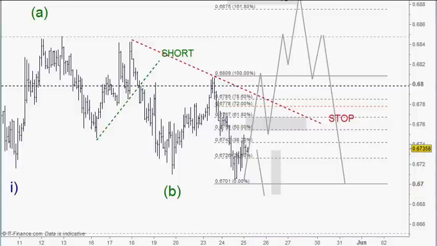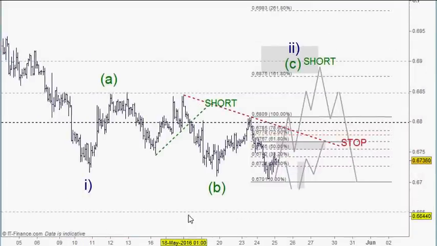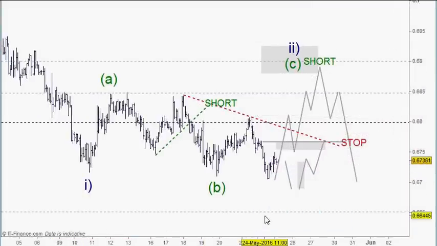If the market rallies from here, then this 61.8% retracement level on this red line would suffice. So we're on the right side of the market at this stage. If it's going to bounce like the other markets, like the Australian dollar and so forth, then we'd be looking for this up into this area.